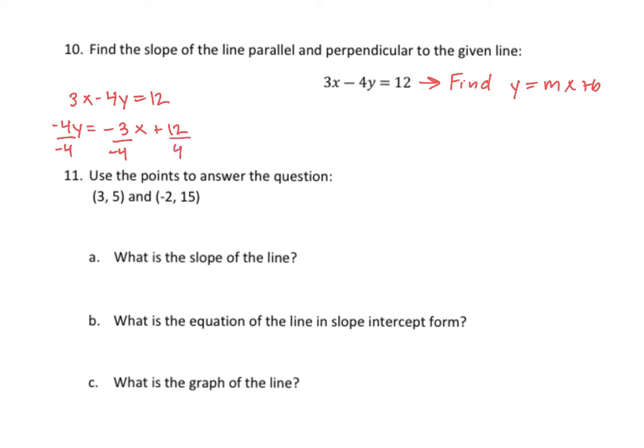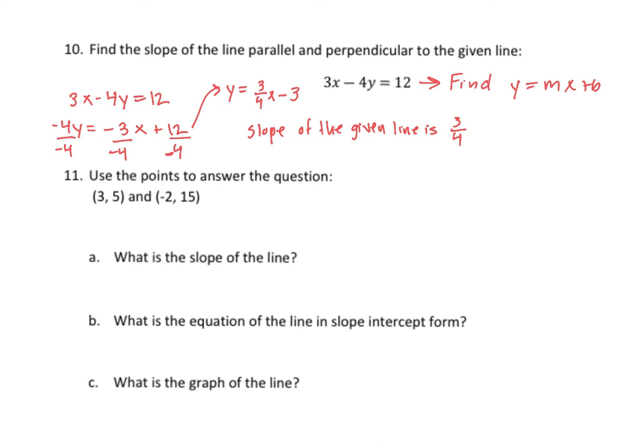So the equation of my line in that slope-intercept form is y equals 3/4 x, and then positive 12 divided by negative 4 is minus 3. Okay, so the slope of the given line is 3/4.